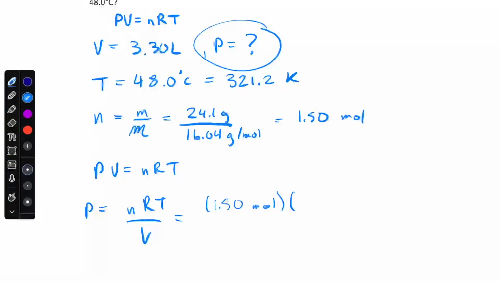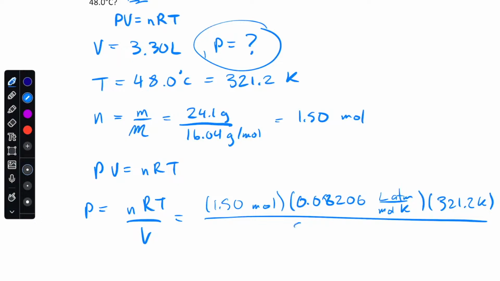They want the pressure in atmospheres, so we'll use the R that has atmospheres in it from the front page of the exam: 0.08206 liters atmospheres per mole K. Our temp is 321.2 Kelvin, our volume was 3.30 liters, and that gives us 11.98 atmospheres.